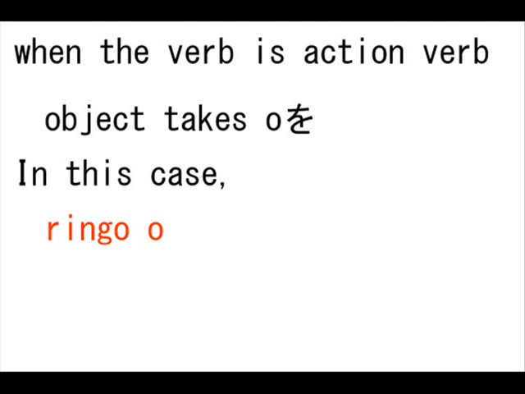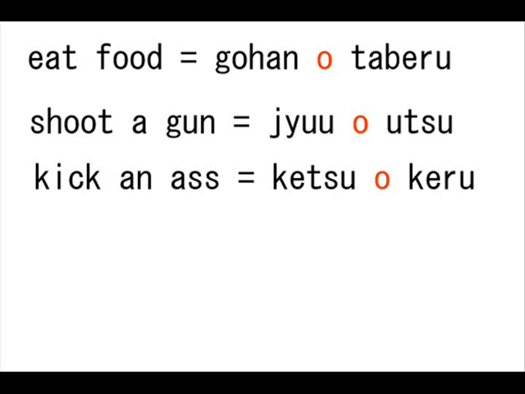Other examples: eat food, ご飯を食べる. Shoot a gun, 銃を撃つ. By the way, gun is 銃. And if you want to say kick an ass, ケツを蹴る. So just check the verb, and if it is an action verb, use o for your object.